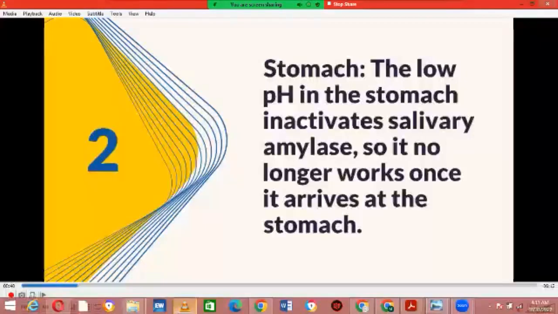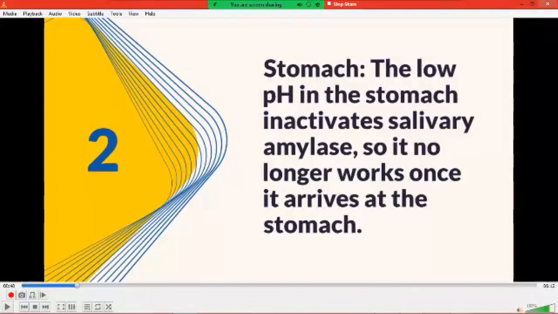And let's go back. Stomach. The low pH in the stomach inactivates salivary amylase. Once the salivary amylase is mixed with food, it helps the food to break down, but once it enters the stomach, it stops the work of salivary amylase.